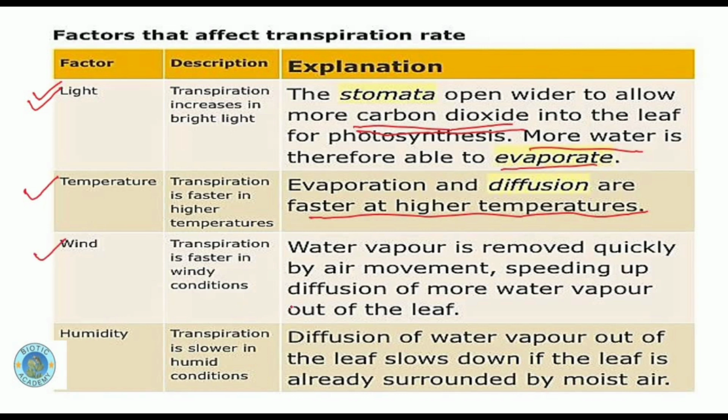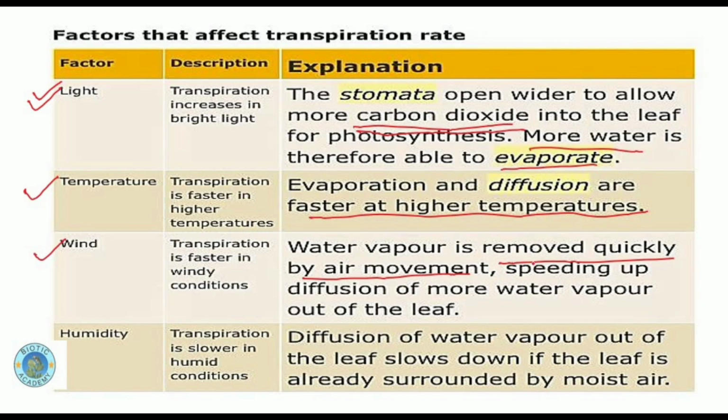Now the third one is wind. In a windy environment, when the high wind is blowing, we will observe that the rate of transpiration is fast. Why is it fast? Because when the wind is blowing fast, it will quickly remove the water vapor which is present around the leaves.